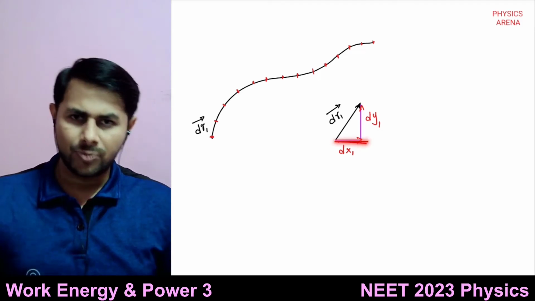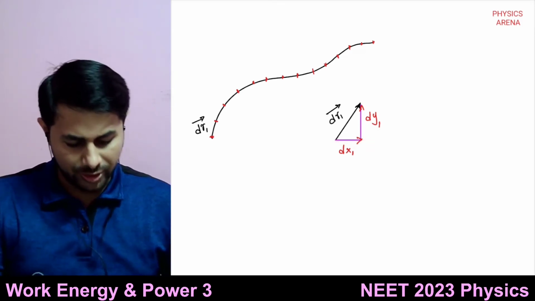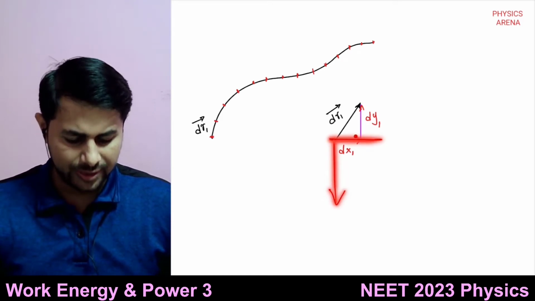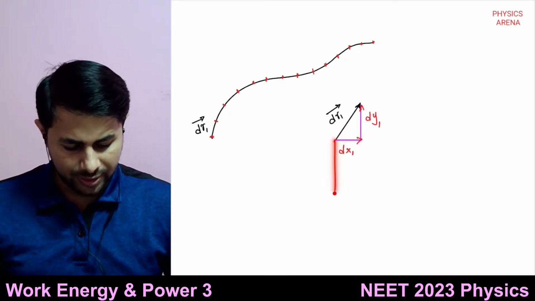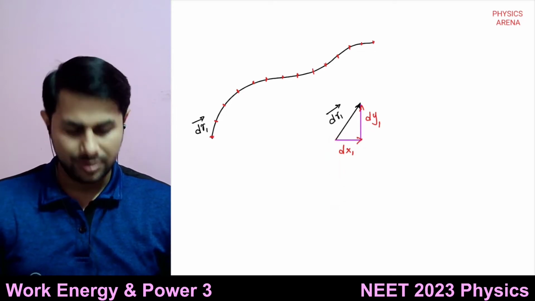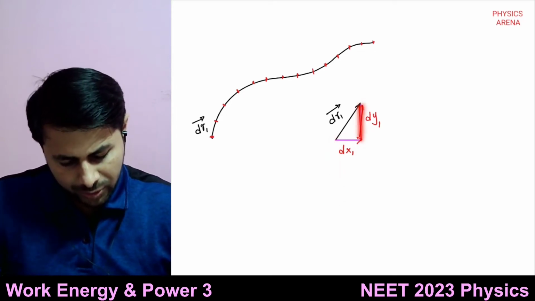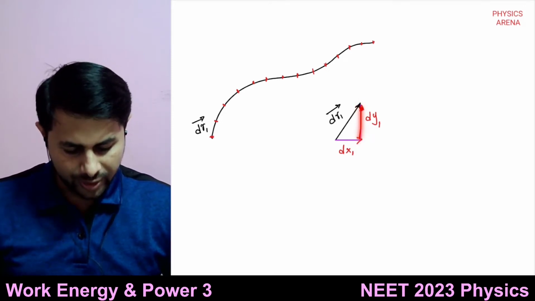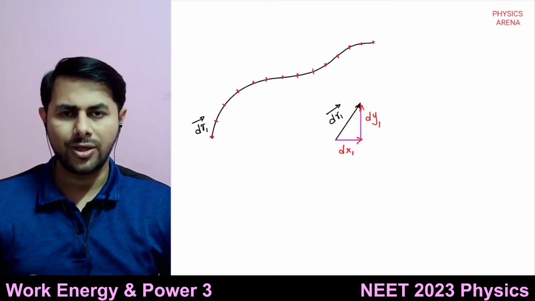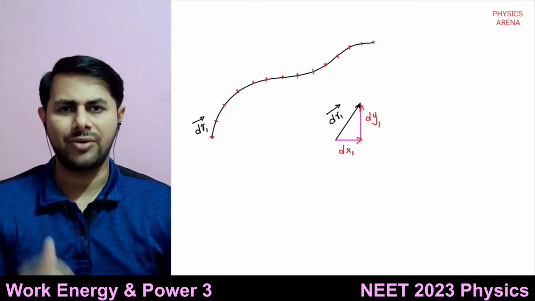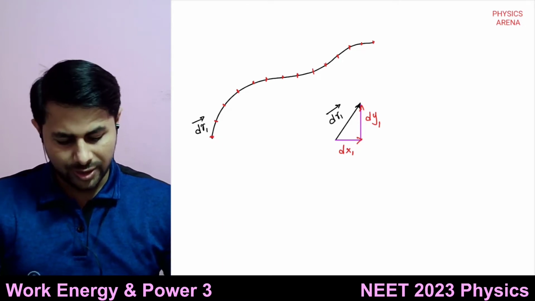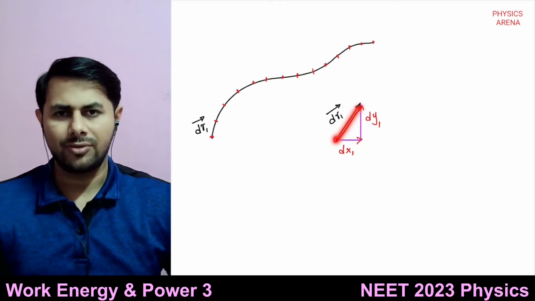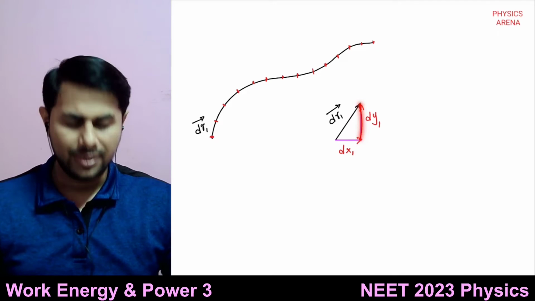Because the gravitational force will act downwards and the movement is horizontal, this work done is equal to 0. So work done to move it in this direction, along dy1, will be equal to what? Mg multiplied by dy1. So work done to move the object from here to here, along dr1, will be equal to mg multiplied by dy1.